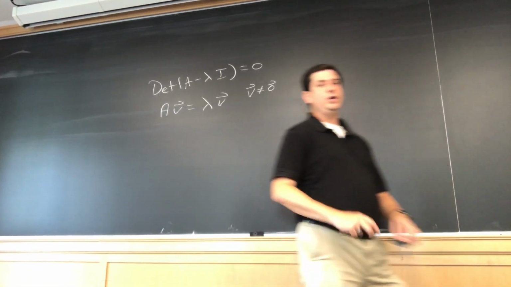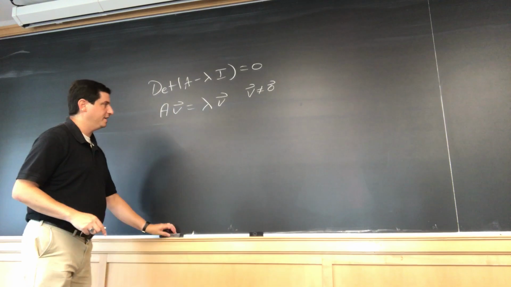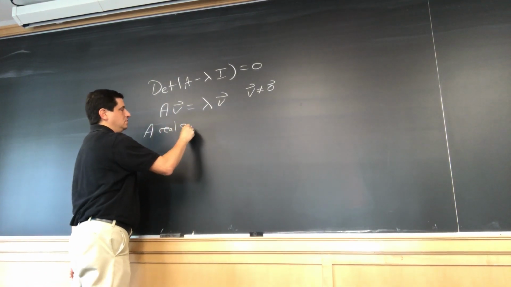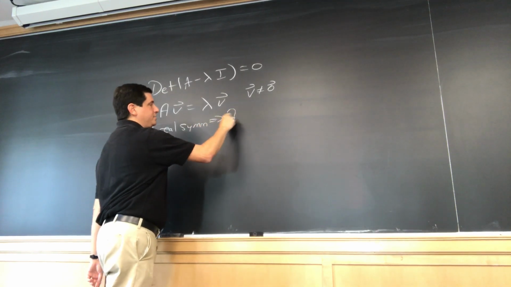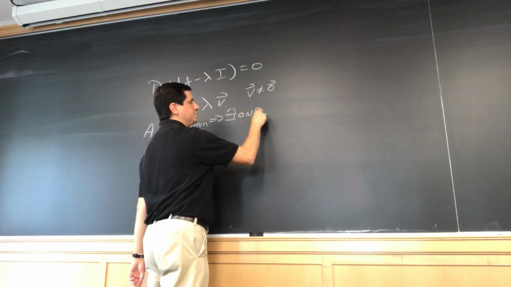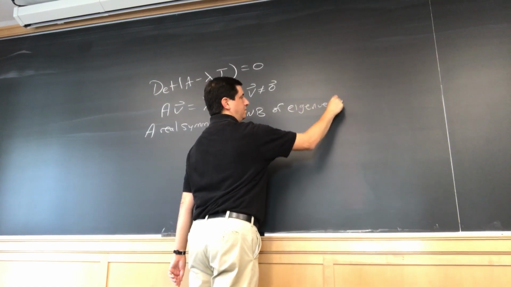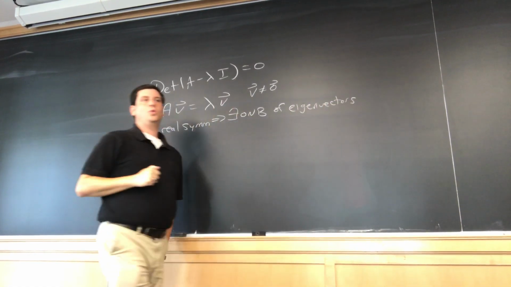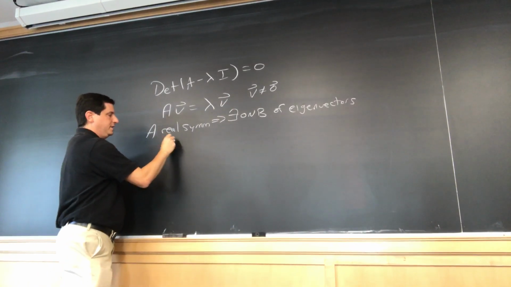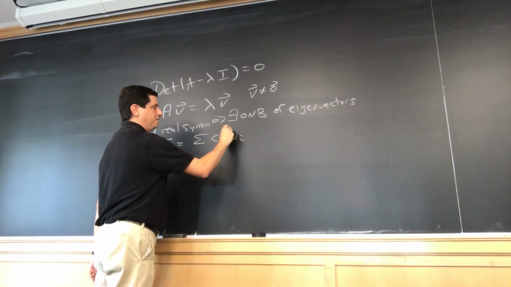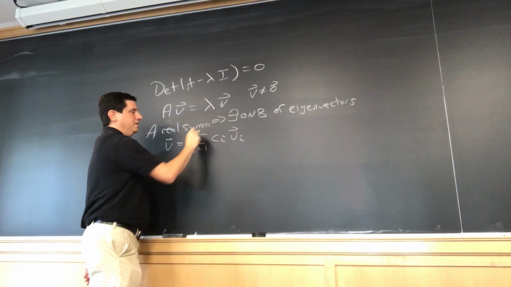All right, so why do we care so much about eigenvalues and eigenvectors? Well, if A is real symmetric, there's a beautiful theorem. There exists an orthonormal basis of eigenvectors. So what that means is, given any vector v, I can write v as a sum of ci vi, i goes from 1 to n.